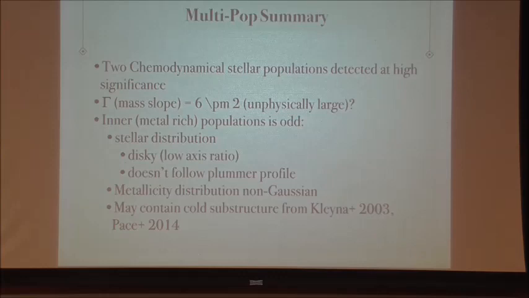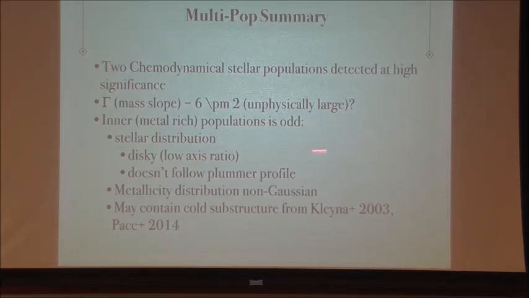So just to summarize, there are two chemodynamical populations that have high significance. This is in terms of Bayes factor, and similarly, I can recover mock data with similarly high significance. The mass slope I infer is unphysically large.